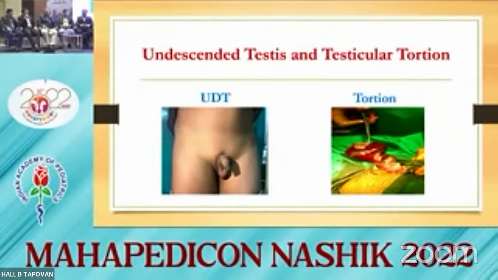How to clinically differentiate between retractile and undescended testes? This is the commonest thing when the child comes in OPD. In undescended testes, the scrotum is not well developed, while in retractile testes, the scrotum is well developed. When you ask the child to squat, retractile testes generally come down easily, whereas undescended testes don't.